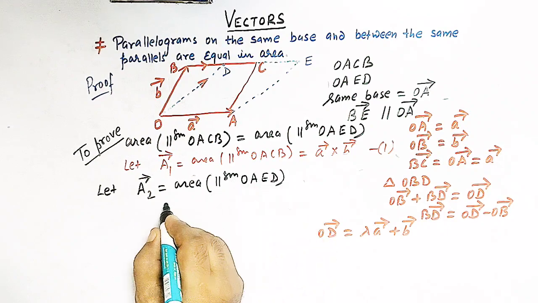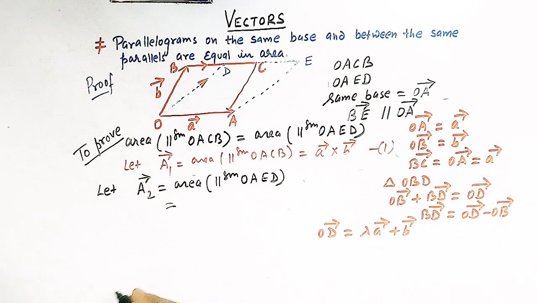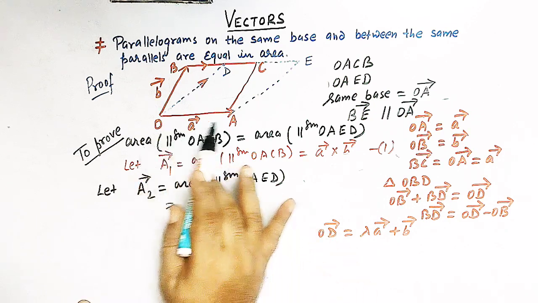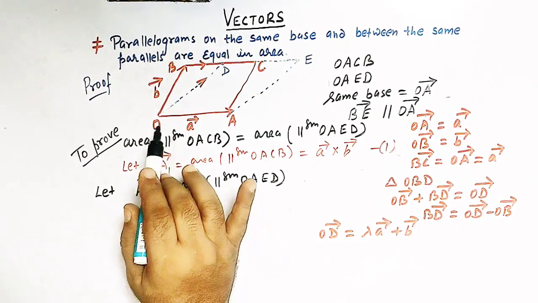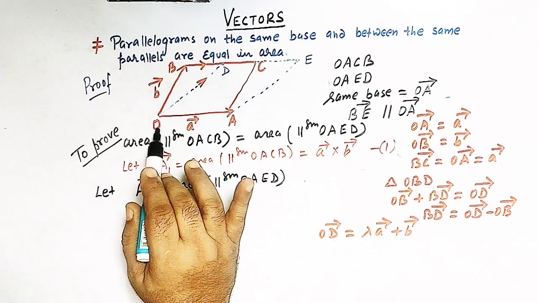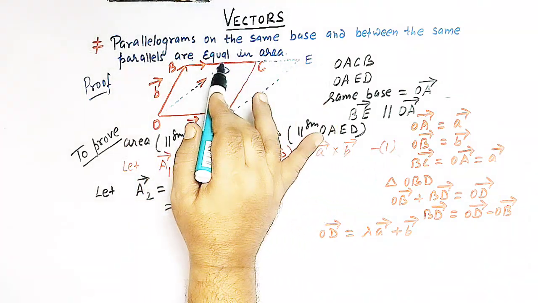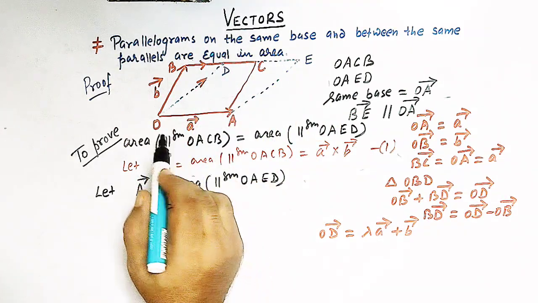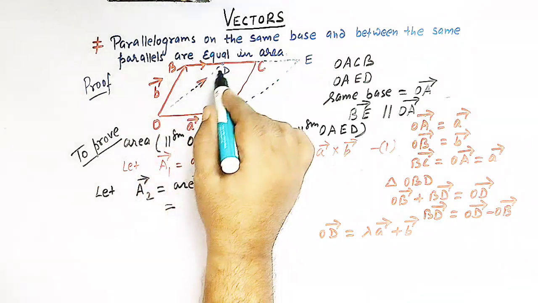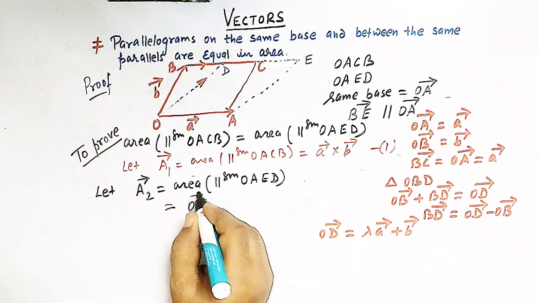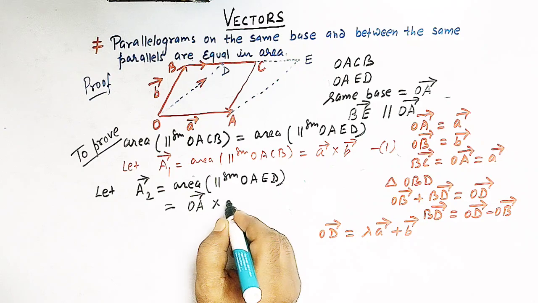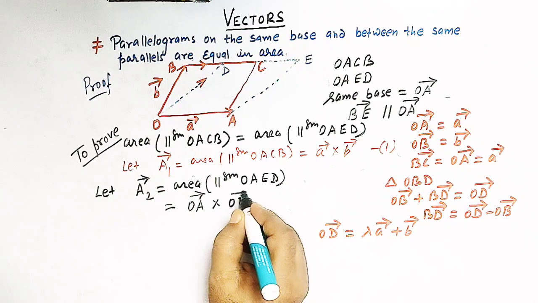Now we know that in vectors the area of a parallelogram is given by the cross product of the adjacent sides. So here the adjacent sides of the parallelogram OAED are given by vector OA and vector OD, right?